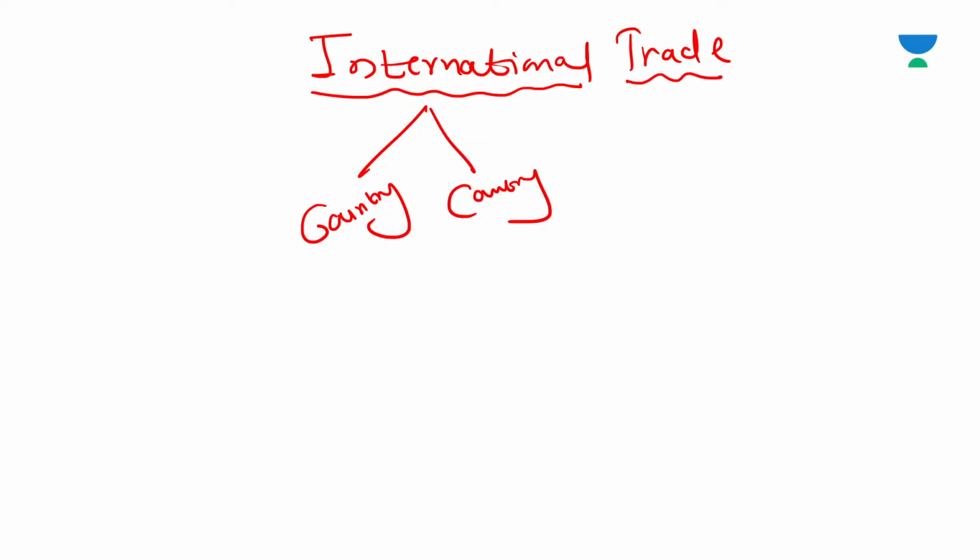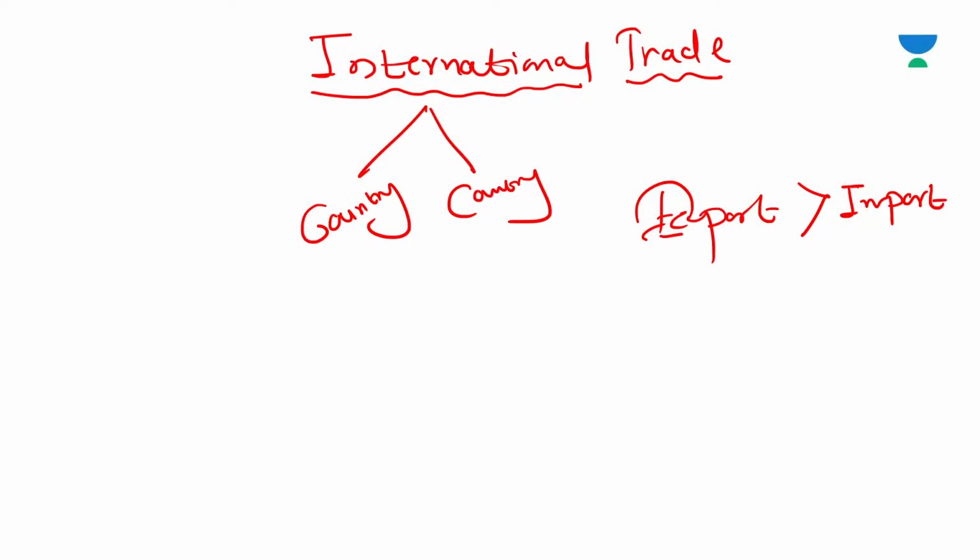Now, as the resources are space bound, no country can survive without international trade. Export and import are the components of trade. The balance of trade of a country is the difference between export and import.